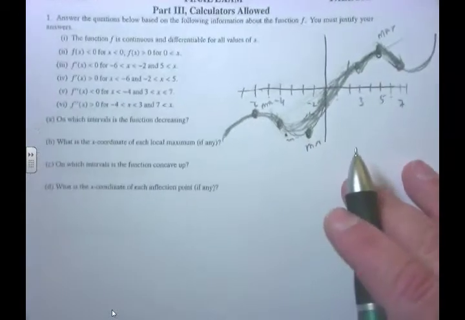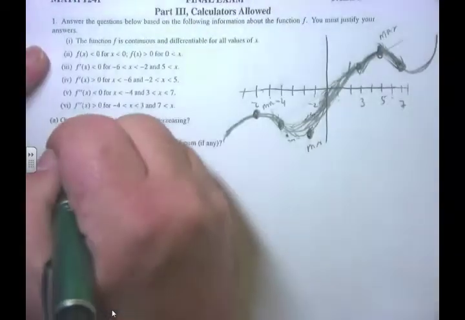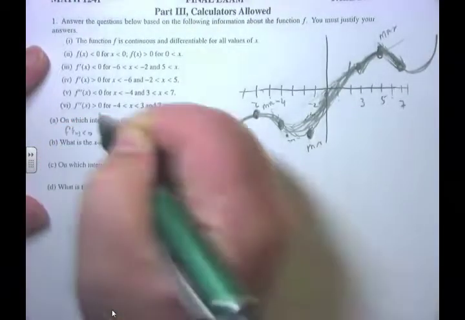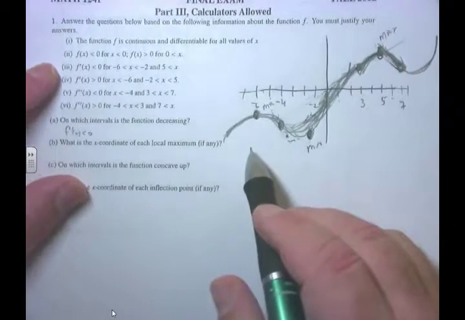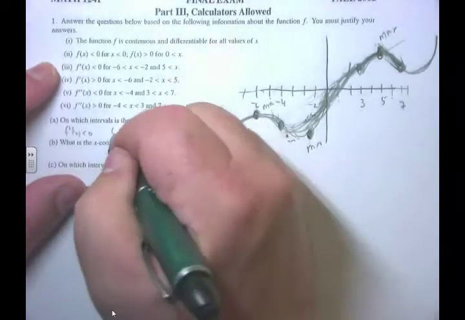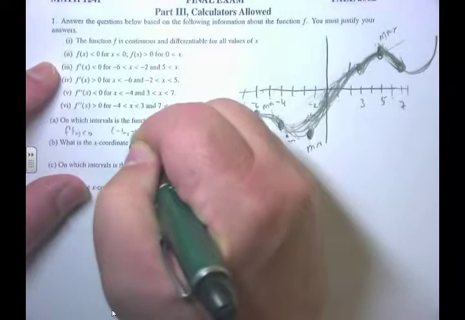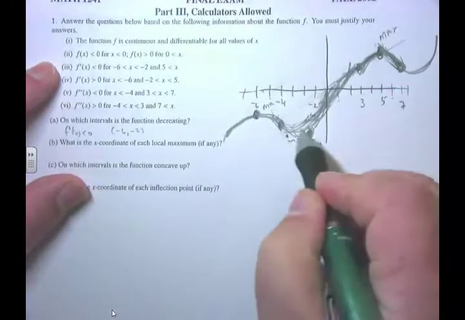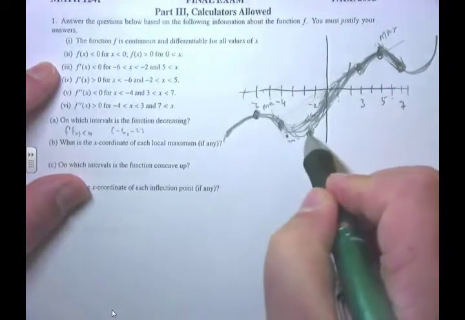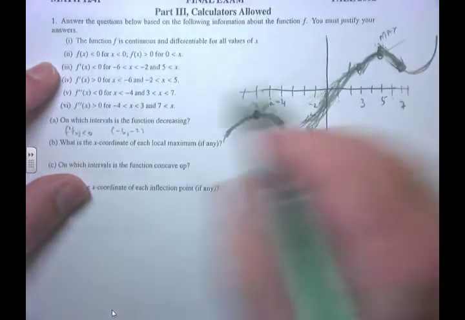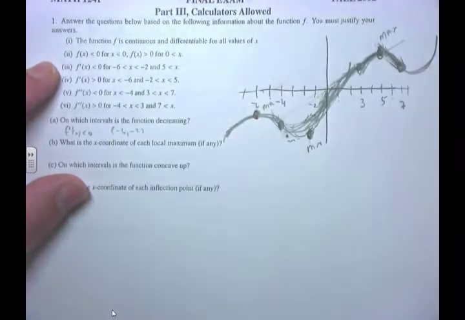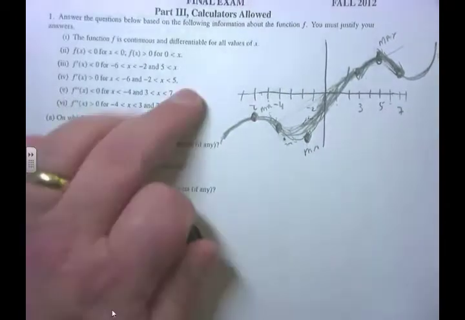Now, here's the deal. On which intervals is the function decreasing? To decrease is where the first derivative is less than 0. Where are we decreasing? Between -6 and -2. Where else am I decreasing? I made a typo here.